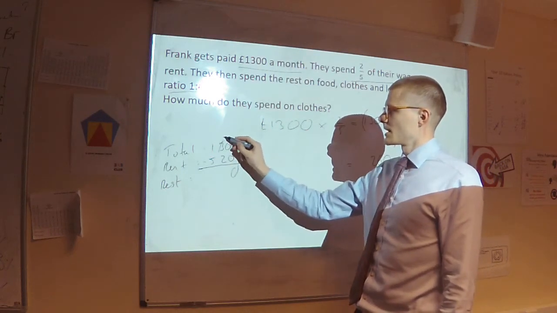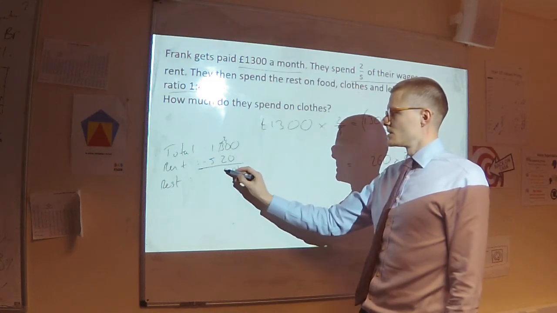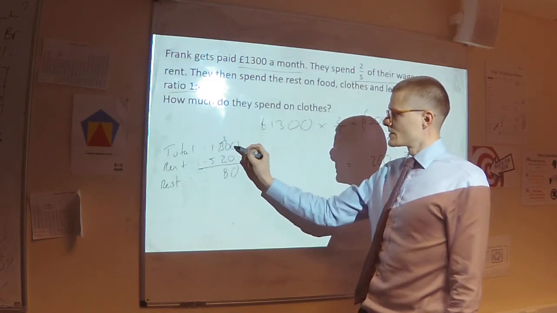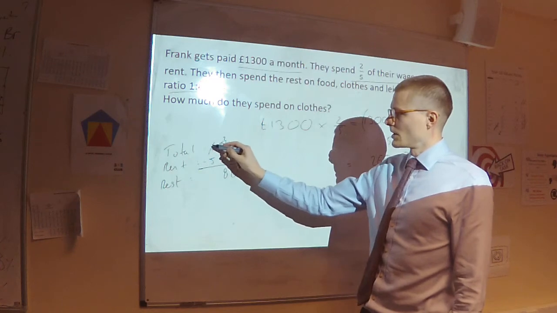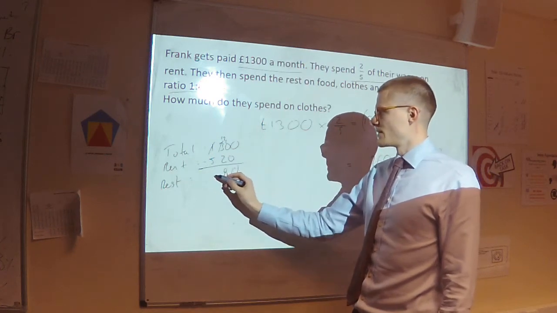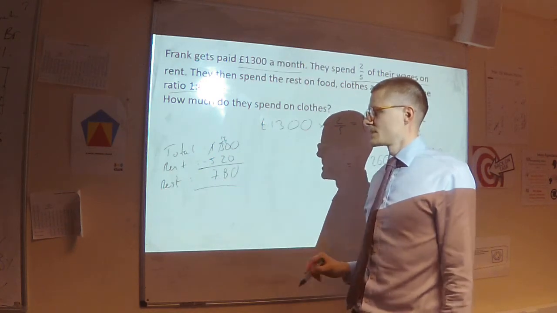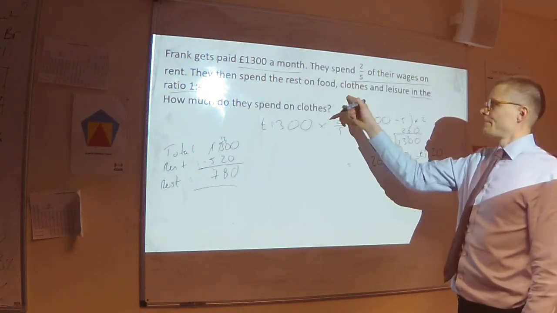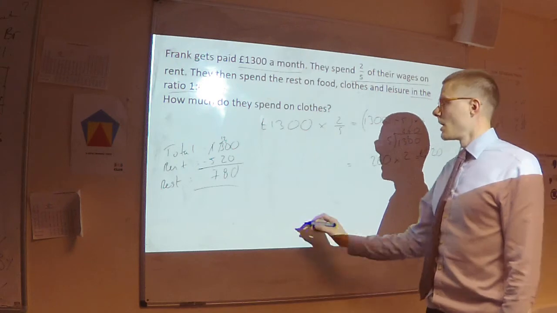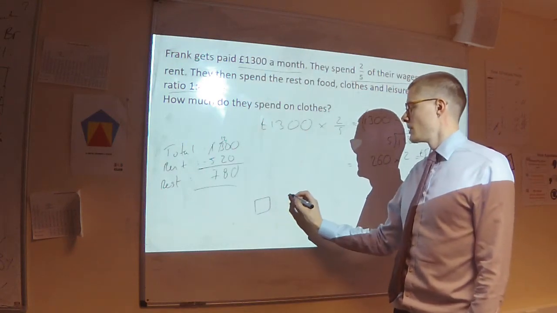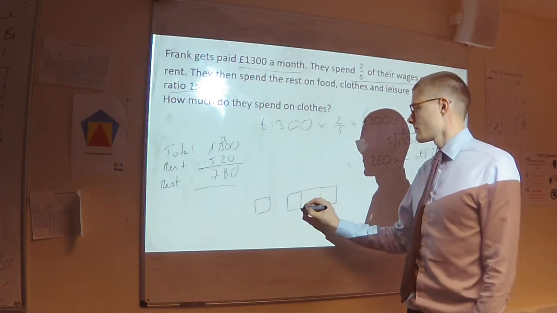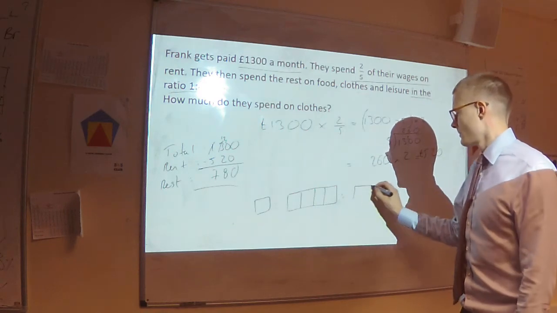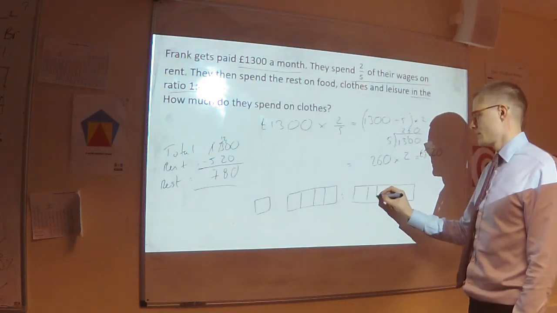That's 0. I'm going to count from there. 10 take away 2 is 8. And then I've got 2 here. 2 take away 5 doesn't work, so I'm going to carry. 12 take away 5 gives me 780. That's my rest. Key thing here, I've got my ratio: 1 to 4 to 7.